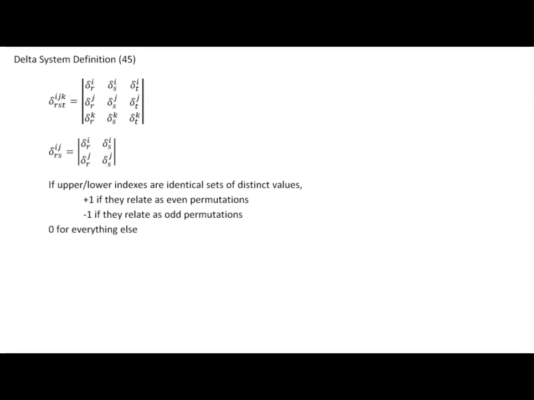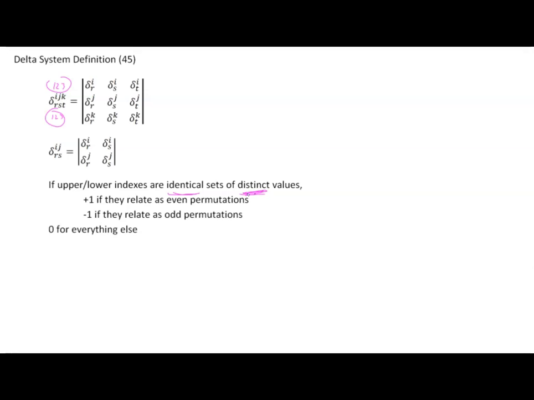Now, after considerable analysis, we were able to determine how to evaluate these expressions according to these very concise rules. This description describes how each of these things are properly evaluated. We discovered that if the upper and lower indexes are identical and distinct, meaning if we had 1, 2, 3 and 1, 2, 3, for example, we can't have any duplicates either in the upper or lower position.